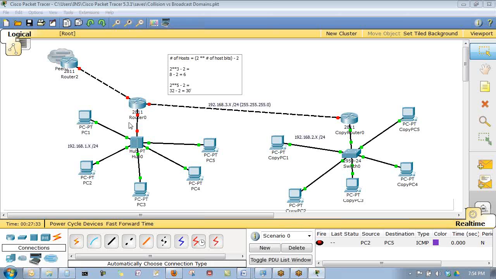We have 4. I've got a broadcast domain here, a broadcast domain here in between these 2 routers, and a broadcast domain over here. But not all of them have the same number of hosts in them, okay?